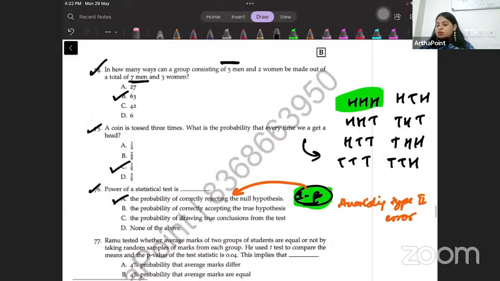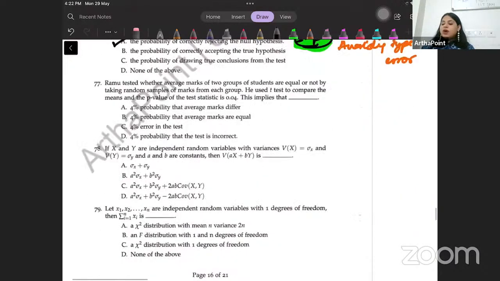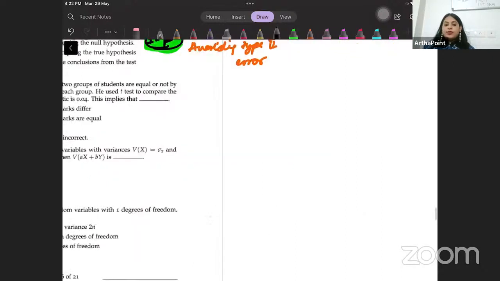Okay, so now it says Ramu tested whether the average marks of 2 groups of students are equal or not by taking a random sample of marks from each group. He used a t-test to compare the mean, and the p-value of the test is 0.04. This implies that, so better just think about it.